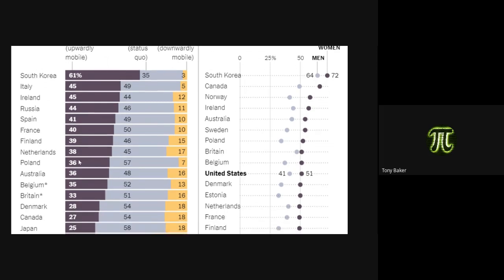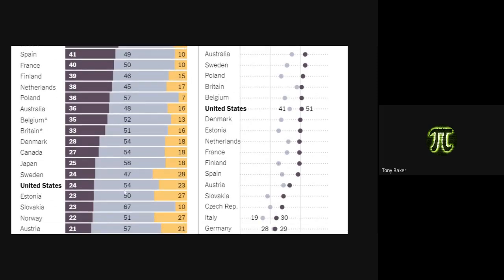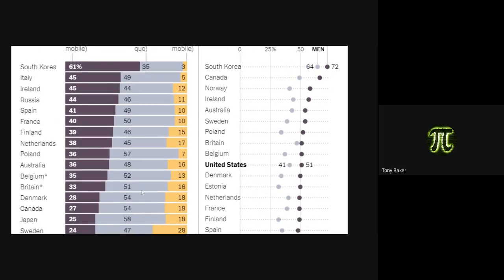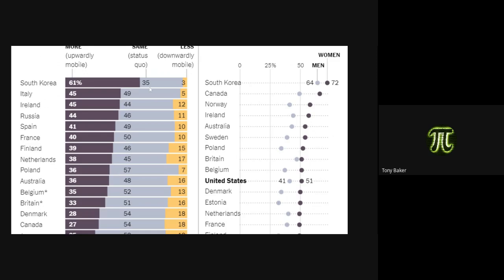Let's see, where are we? There we are. Huh? They don't? Oh, you're right. It's off by 1%. It's probably a rounding error. So, what can we make about this graph?